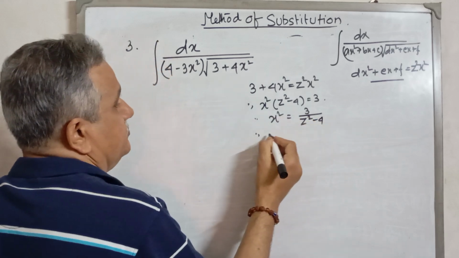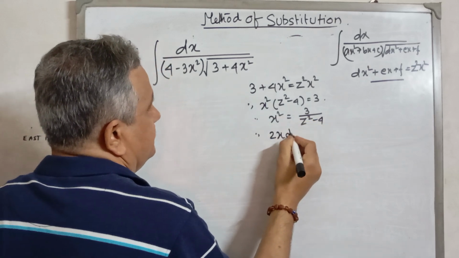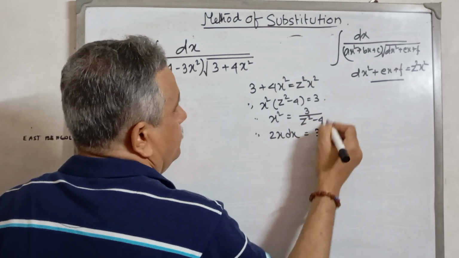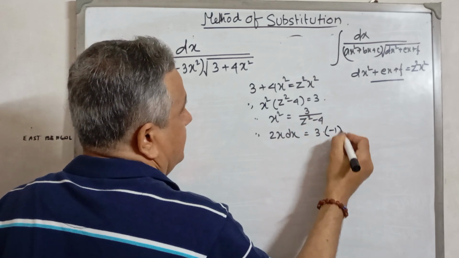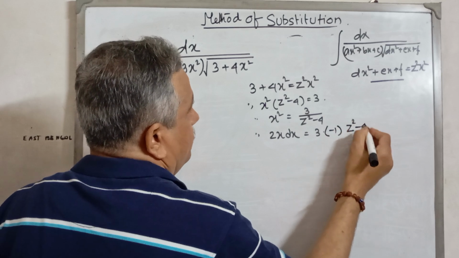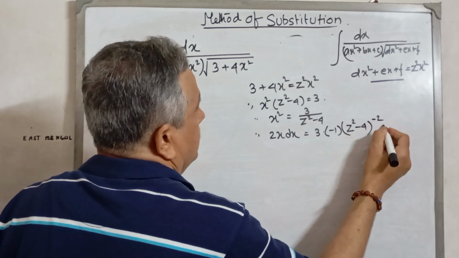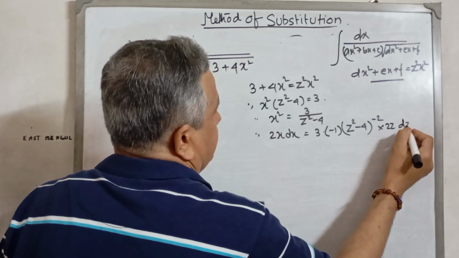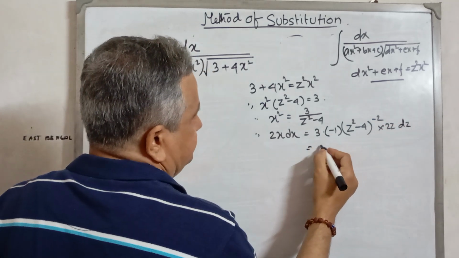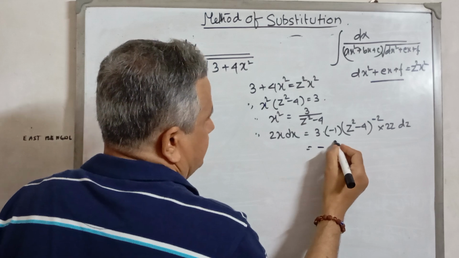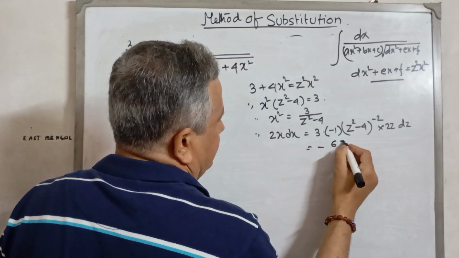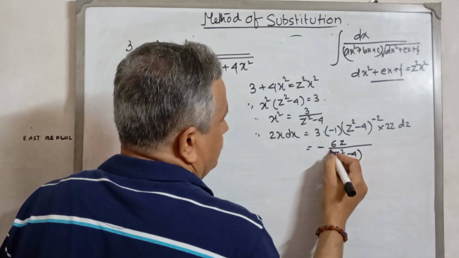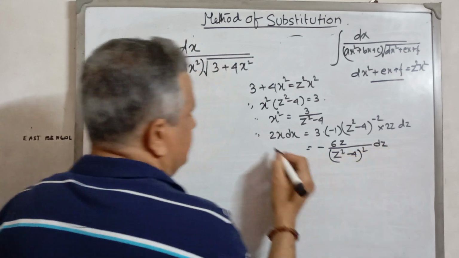Now differentiate both sides. 2x dx is 3, this whole to the power minus 1, that is minus 1, z square minus 4 whole to the power minus 2 into differentiation of that, 2z dz, that is minus 6z by z square minus 4 whole square dz.